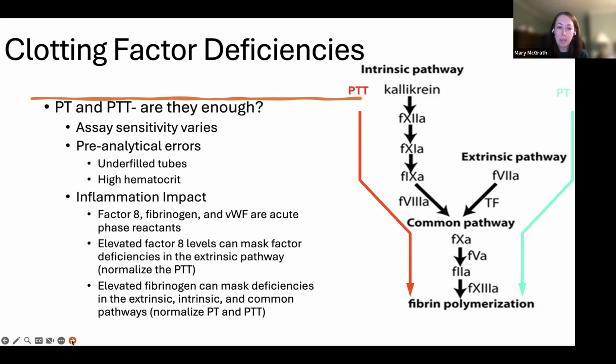We didn't actually measure a factor 8 level for her, but my guess is that in the setting of a new lupus diagnosis, along with the positive E. coli in her urine, her factor 8 was probably pretty elevated and was likely masking that lupus anticoagulant. But thankfully, we did other assays and were able to detect that for her.